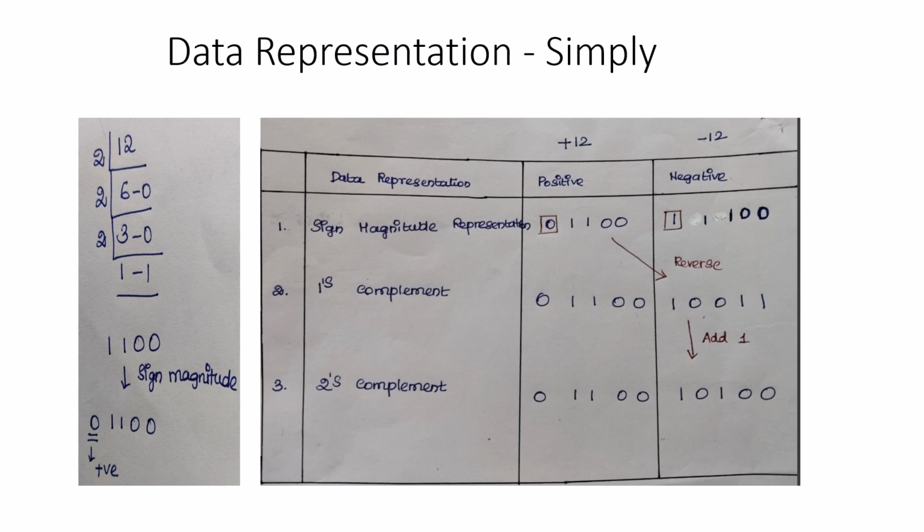For 1's complement, we just flip the bits. But for 2's complement, we take the positive of that number, flip the bits and add 1. So if you want to find the 2's complement of any number, we take the positive of that number, flip the bits and add 1. So this is the process.